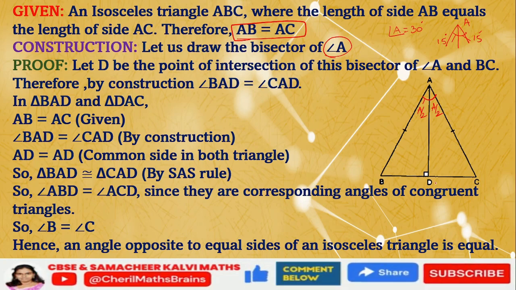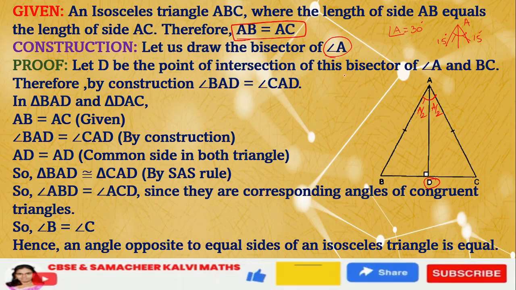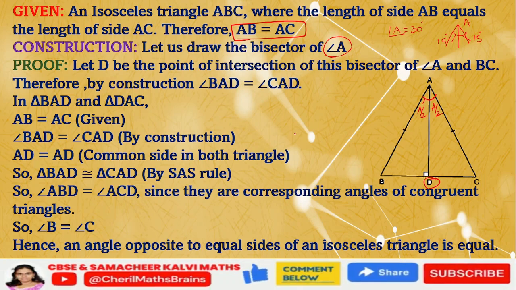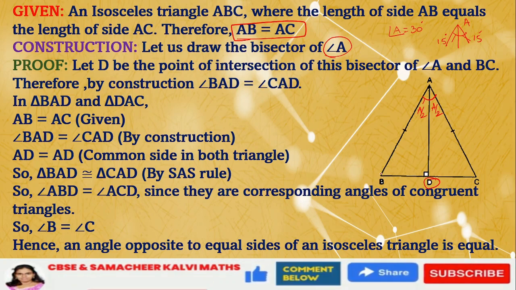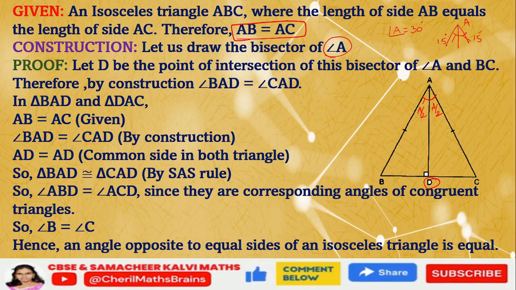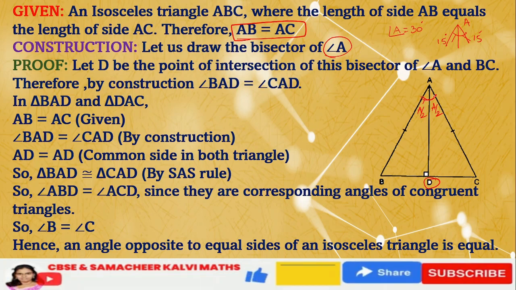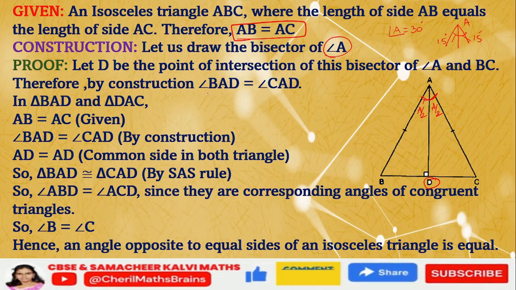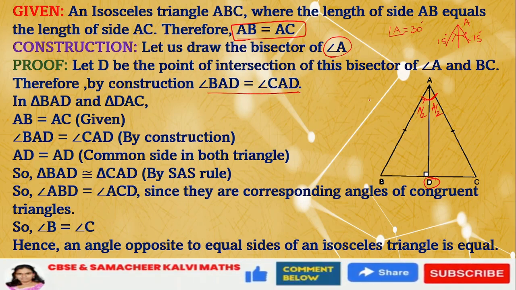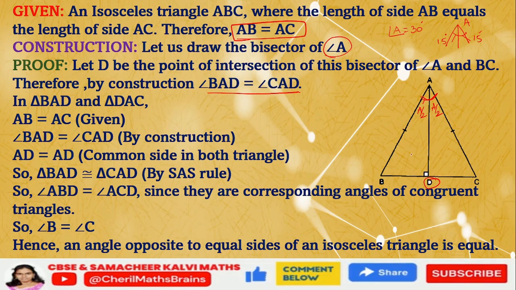Now this angle bisector intersects side BC at point D. So D is the point of intersection of this bisector. As we have constructed, we can say that angle BAD is equal to angle CAD. So this angle and this angle are equal. Now we are going to consider these two triangles. Which two triangles?